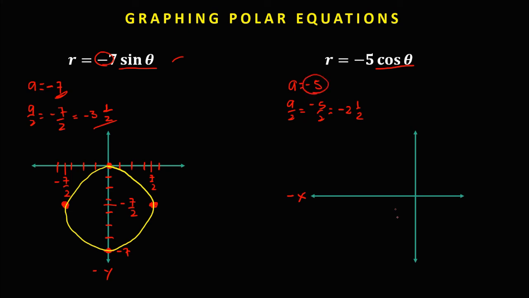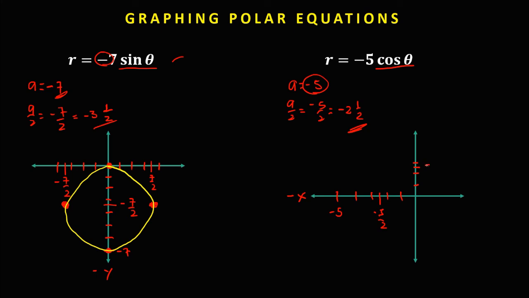Then a is negative 5, so negative 1, negative 2, negative 3, negative 4, and negative 5. Then a over 2, that's negative 2 and 1/2.